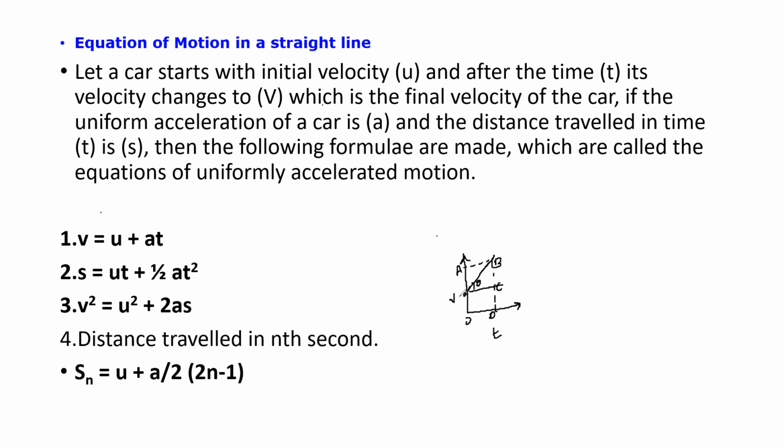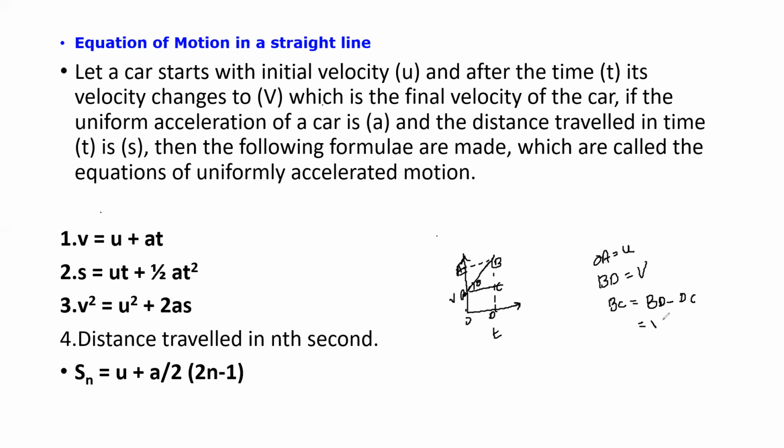You can see here, this O to A distance is equal to the initial velocity u. In the figure, BD is equal to the final velocity v. Then the change in velocity BC can be written as BD minus DC.